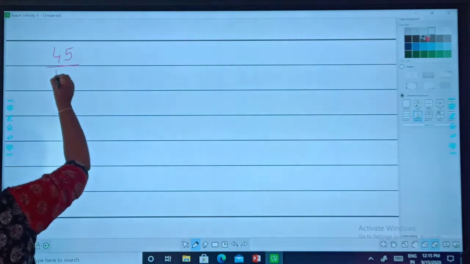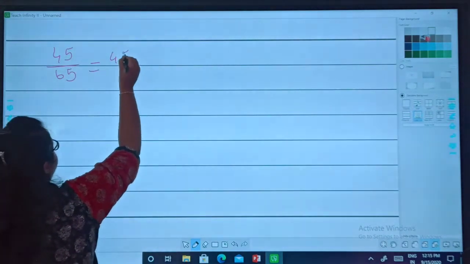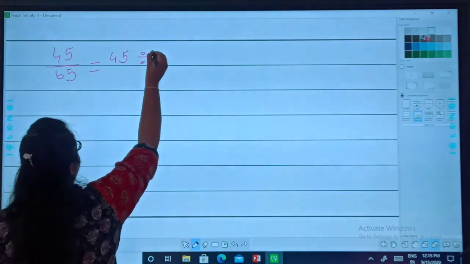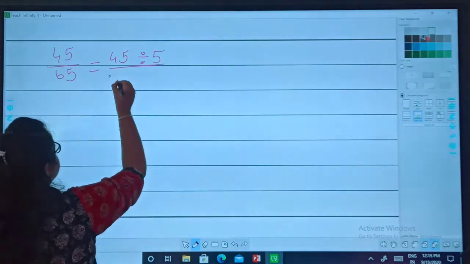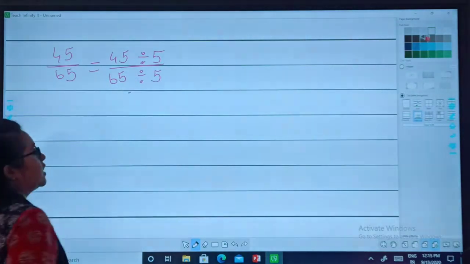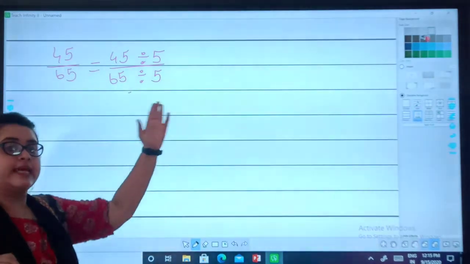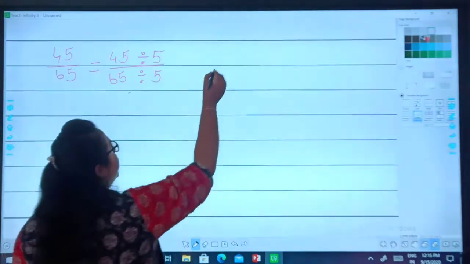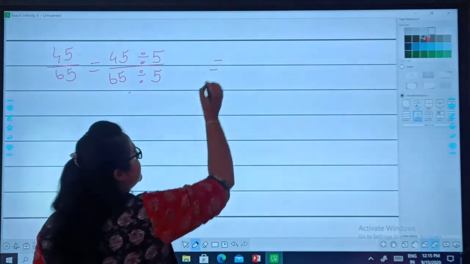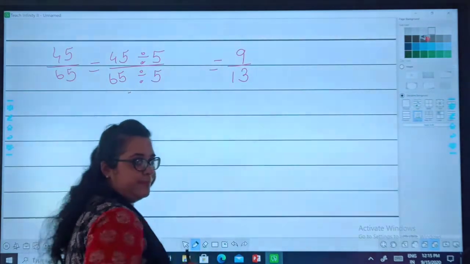45 upon 65 was my question. 45 divided by 5 and 65 divided by 5. The same number will be divided with the numerator and the denominator. Now when I divide it, I will be getting 9 and 13.